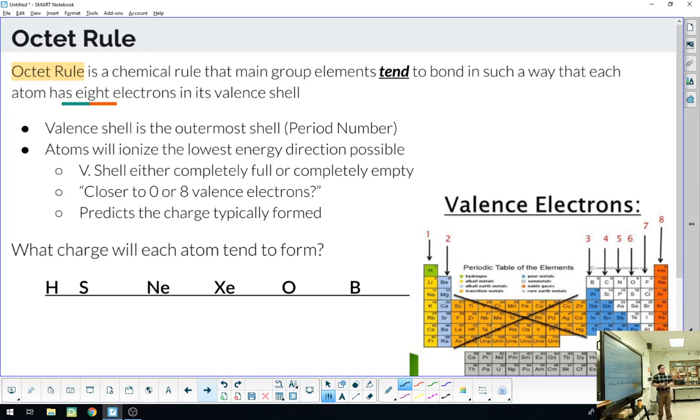There are in-betweens, but we really don't talk about that too much. It's what it really prefers to be at, like what makes it happy. So we're going to look at the number of valence electrons, and then we're going to see what it will tend to do. And once you get there, oh, okay, this is actually not that bad.